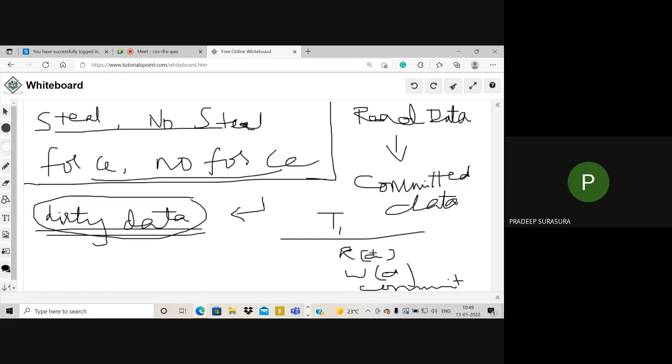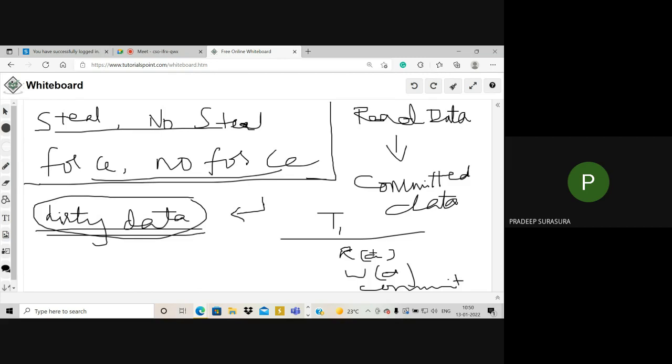We will never give the data a chance to go in two different directions. Different directions means one has already read the data while the other one updated it. We'll never do that, because then it becomes dirty data. One operation is reading some data, and a write is updating it to something else, so the data becomes dirty.